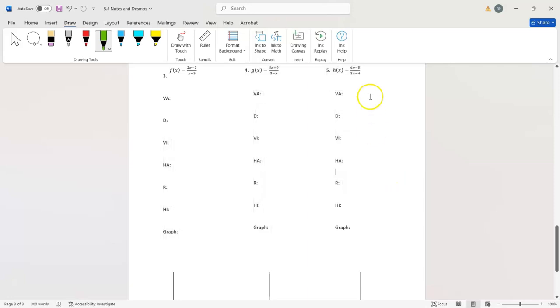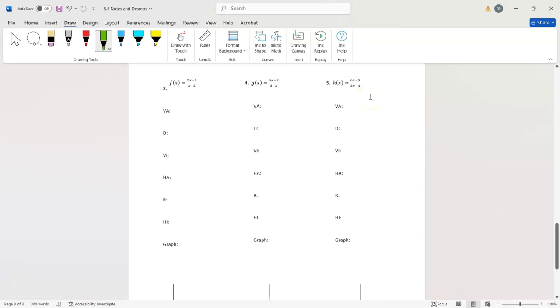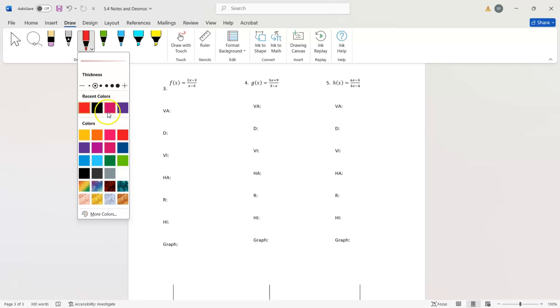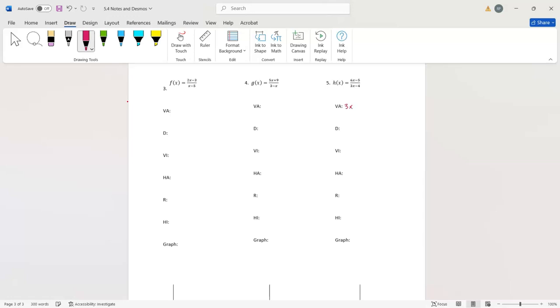So let's just look at h of x equals (6x minus 5) divided by (3x minus 4). And again, for the vertical asymptote, that is when our denominator cannot be 0. Well, it's when the denominator is 0, we have the asymptote. So we have 3x minus 4 equals 0.